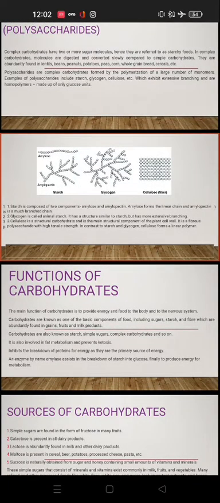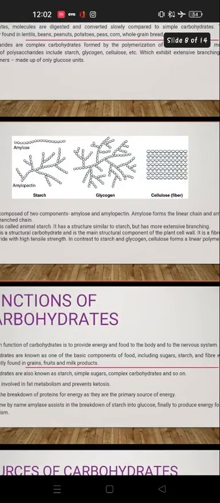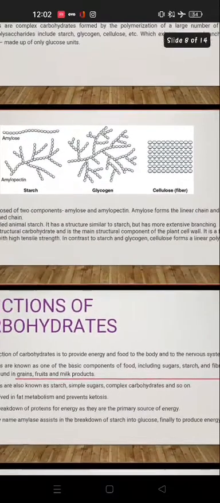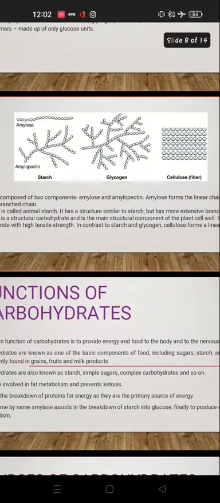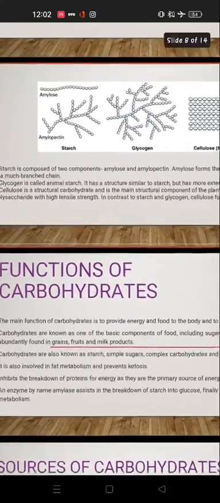Examples of polysaccharides include starch, glycogen, cellulose, etc., which exhibit extensive branching and are homopolymers made up of only glucose units. This is starch, glycogen, cellulose.